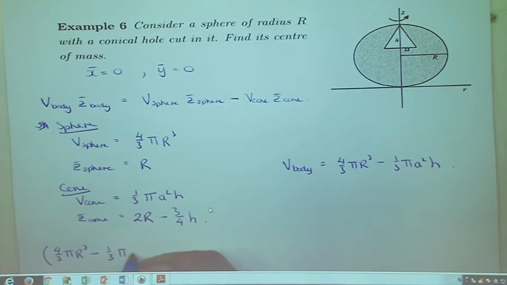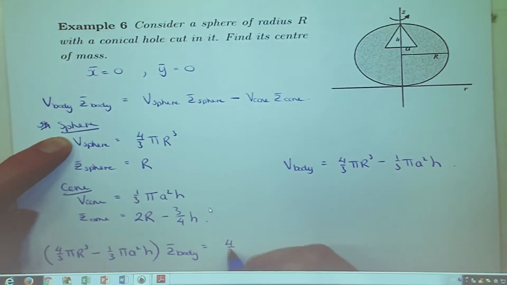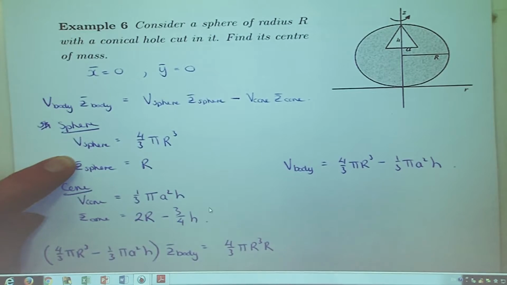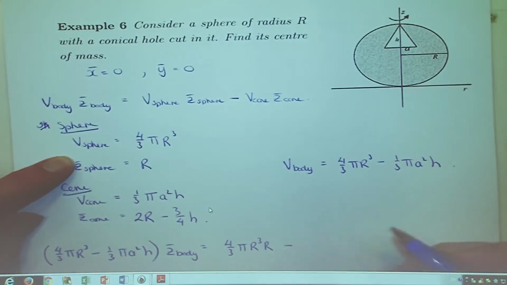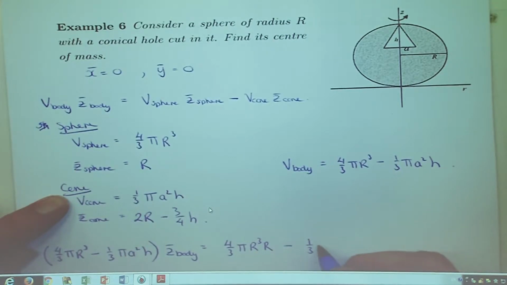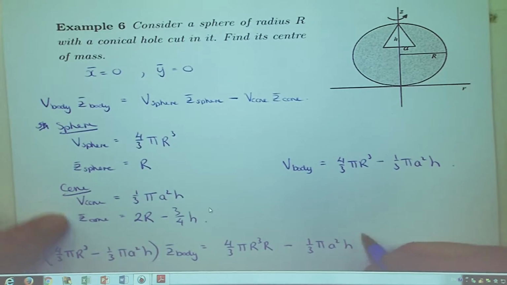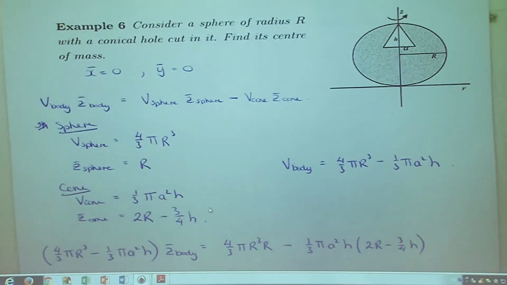The volume of the sphere, centre of mass of the sphere, minus the volume of the cone times this one. Make sure you use your brackets. Oh look, I'm nearly going off the page already.